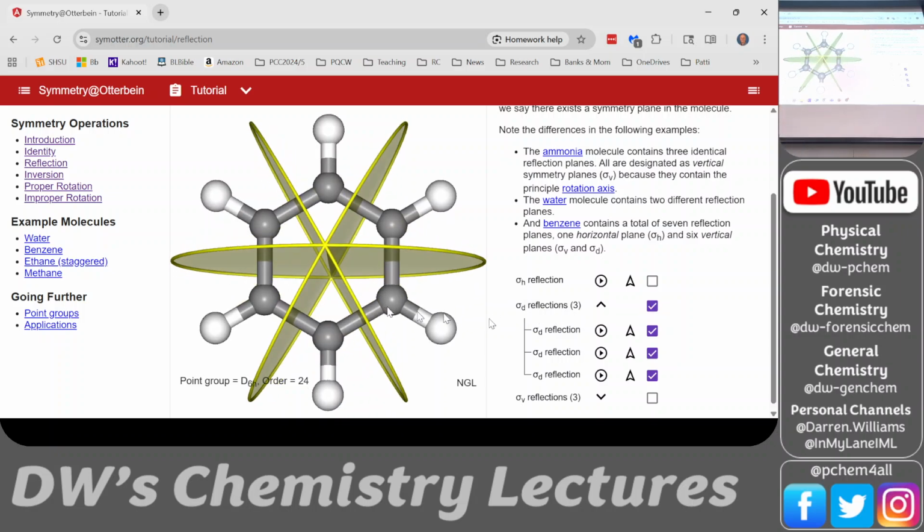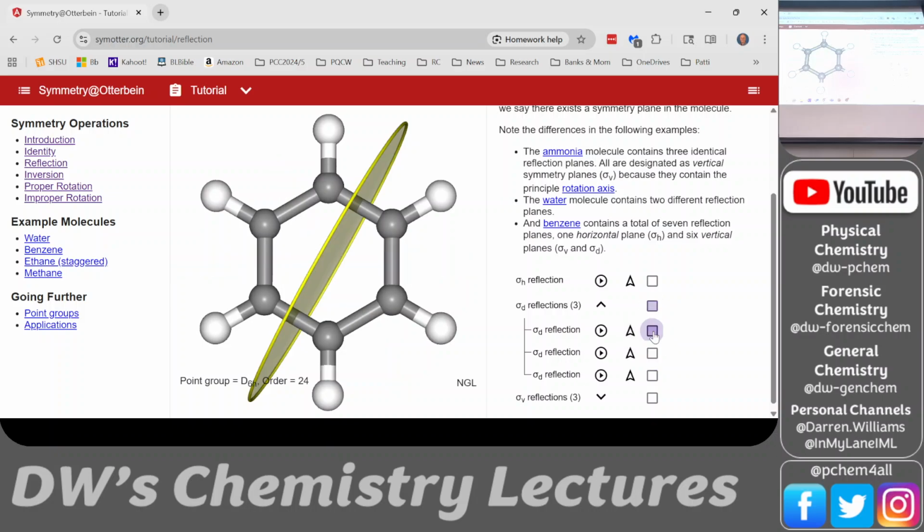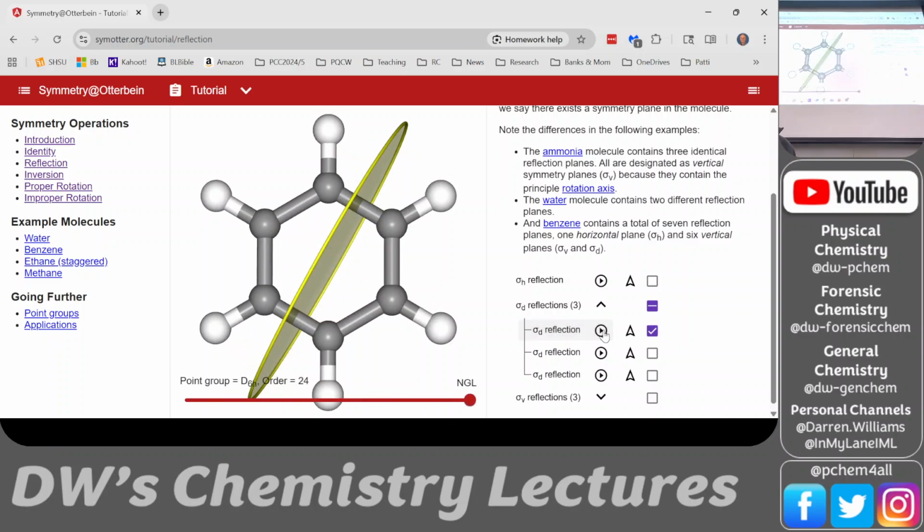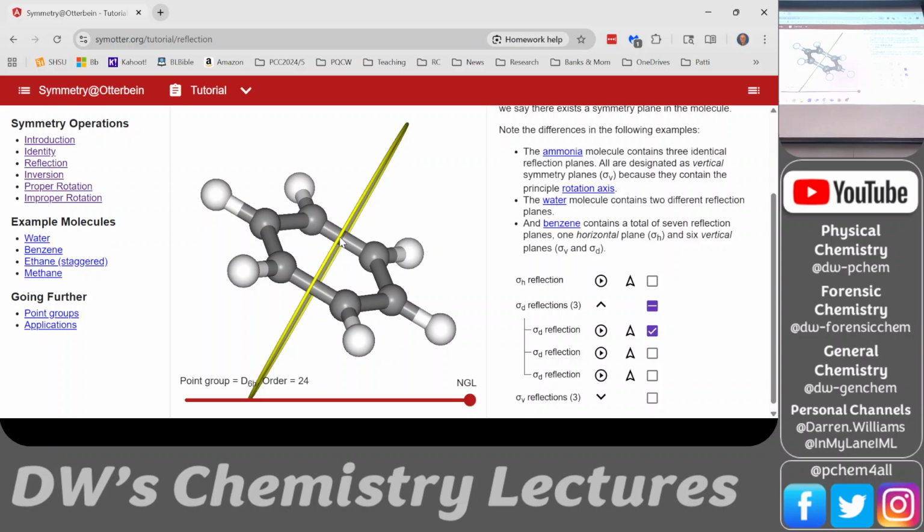And now let's reflect the whole molecule. Let's close that off and just do one of them. Can you predict what's going to happen? The whole thing's going to reflect. See, it kind of looks like it's rotating, but it's not rotating. Let me rotate it and move it like this. You can see it's just reflecting. Okay, so that's the reflection plane.